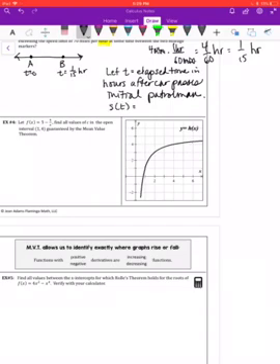And we're going to let s of t equal the distance in miles from the first marker at time t.